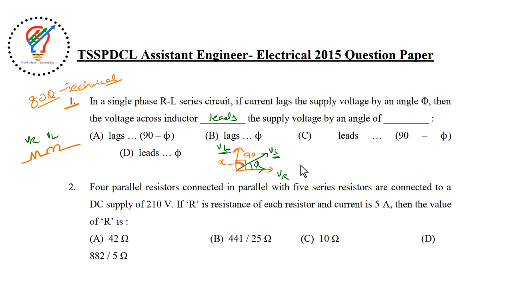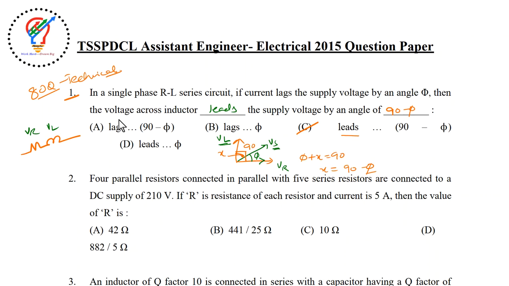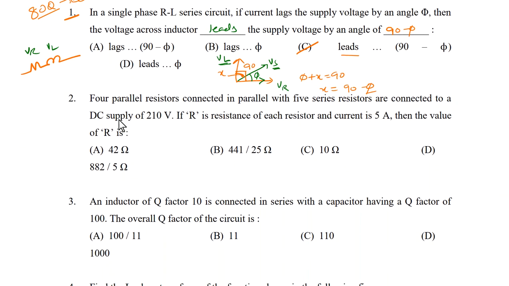Now phi plus x is equal to 90, so x is equal to 90 minus phi. So VL leads Vs by an angle of 90 minus phi. So the answer will be C. Let's move to the next question here.